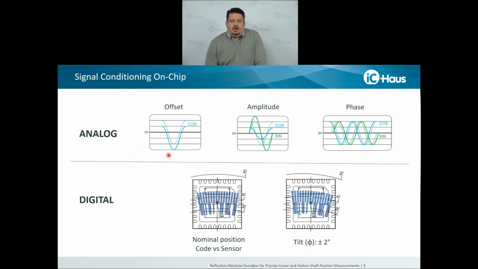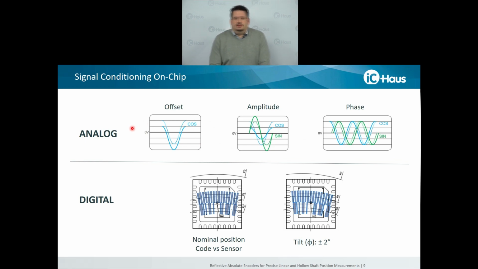Then we have what we call the signal conditioning on chip. That means that imperfections from tolerances, mechanics, and so on, which normally show up as differences in offset, amplitude, and phase, are conditioned or leveled by the chip itself, so that you just have to trigger this function and process by command.